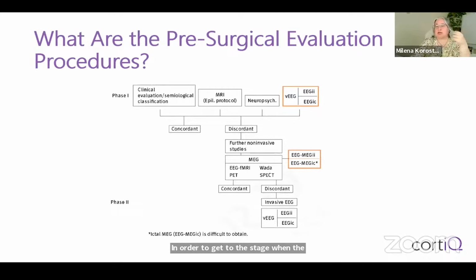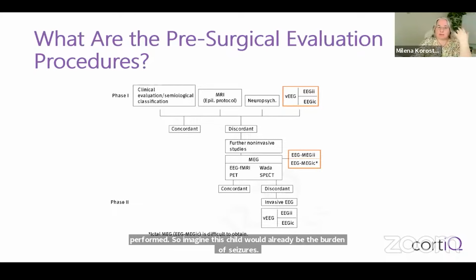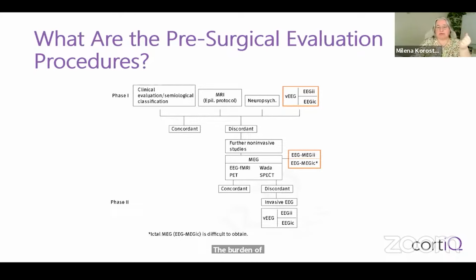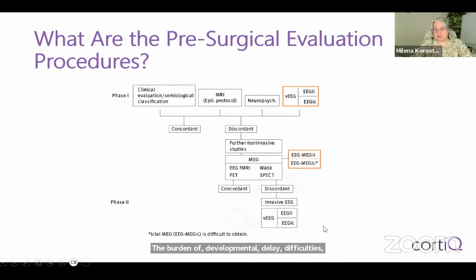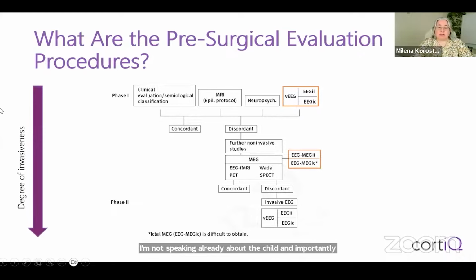So imagine this child with already the burden of seizures, the burden of developmental delay, difficulties, cognitive impairments, to go through all these procedures, even for an adult is quite difficult, not speaking already about the child. And importantly, the degree of invasiveness of the procedures is increasing as we're going from phase 1 to phase 2 and further.